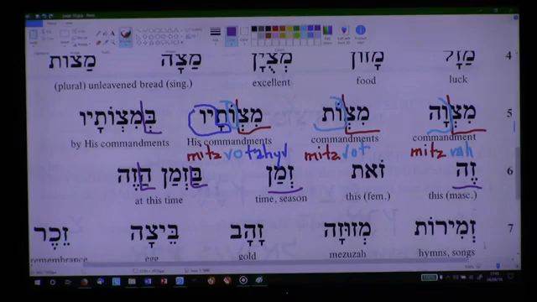That's what it literally means when you're pointing to something, it's hazeh, the this. So it's a prefix "at" plus zaman, ha, the this: at this time, bazman hazeh. We say that in the Shehecheyanu.